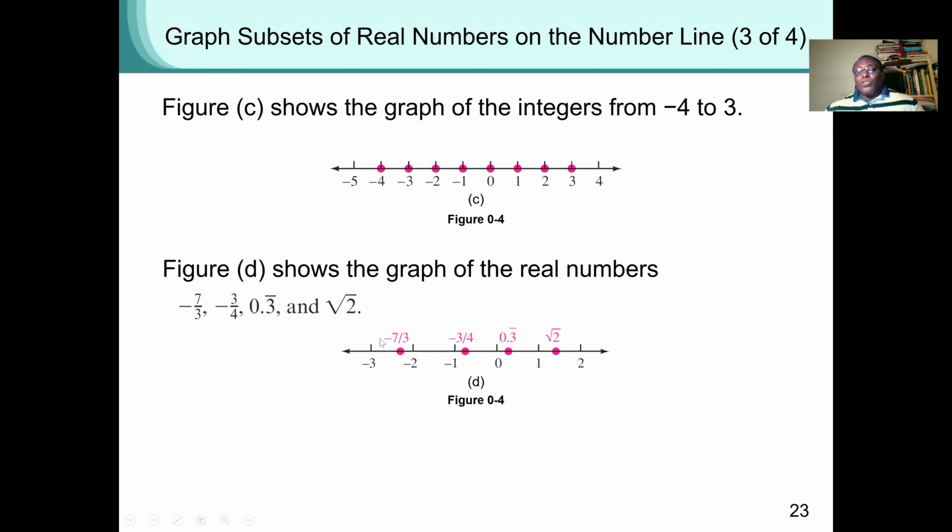Also, we can show the graph of real numbers, -7/3. First, I'll try to get -2. Remember, -7/3 will be like -2 point something, 2.3 or so. Then we have -3/4. -3/4 will be -0.75. So it should come before -1.